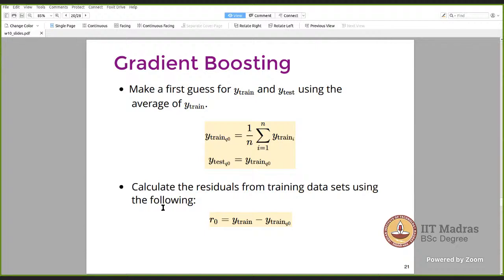Now the second estimator will come. That will be trained not on Y, but on this residual. I hope you are able to visualize the way I'm telling you. So we have now a second predictor, and this is trained on the residual column.